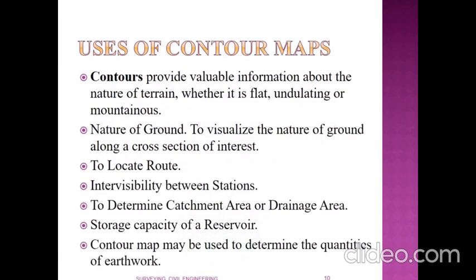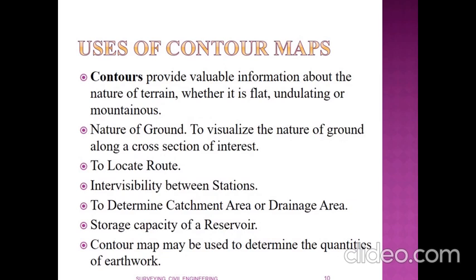Then next, use of the contour map. So basically contours provide valuable information about the nature of terrain, whether it is flat, undulating or mountainous. Then we know the nature of ground, to visualize the nature of ground along a cross section of interest.